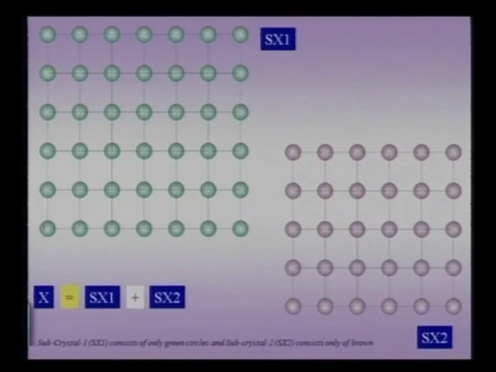Similarly, there is no difference overall between this green crystal and the brown crystal, except that the brown crystal consists of a similar kind of unit cell, but this brown lattice has been decorated with a brown circle. So my crystal, which I can now call a supercrystal if you wish, can be thought of as a superposition of subcrystal 1 and subcrystal 2.